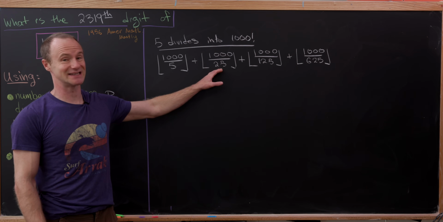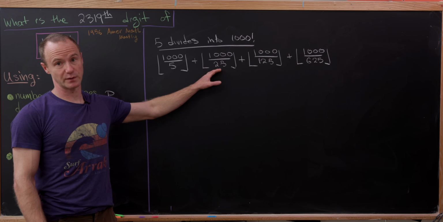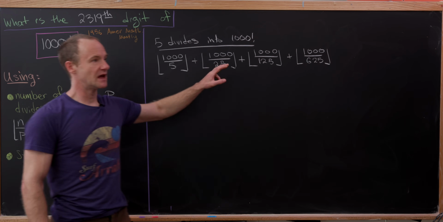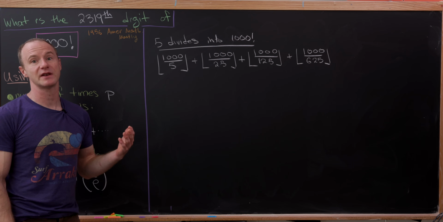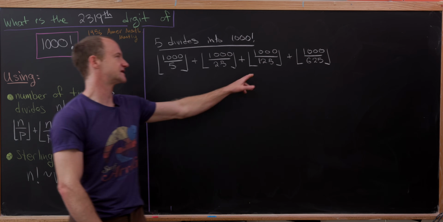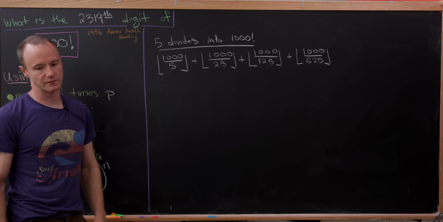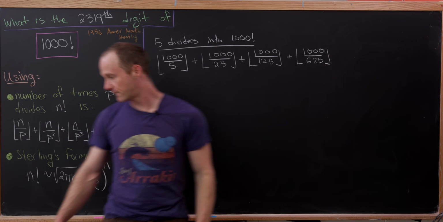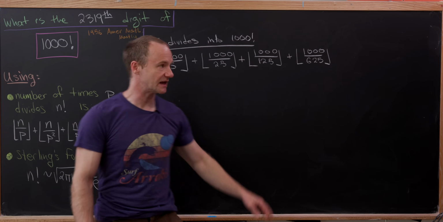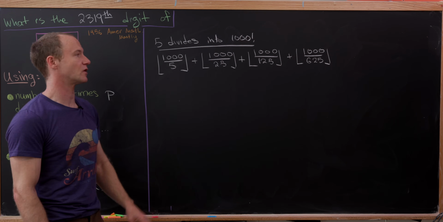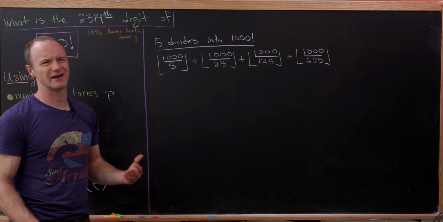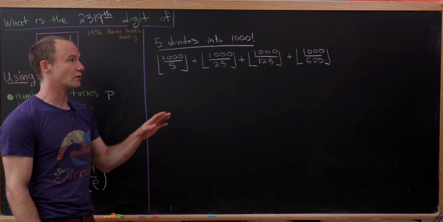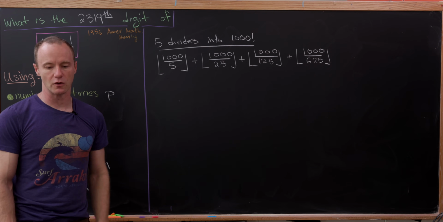And so that's what this is counting, the number of times that we encounter a 25. And then if we encounter 125, we're going to pick up another factor of 5. So that's what this is counting, and so on and so forth. And like I said before, this is truncating, and in this case, it's truncating at this point. Because if we were to look at 625 times 5, which is like 3,000 and something, the floor of 1,000 over that would be 0.